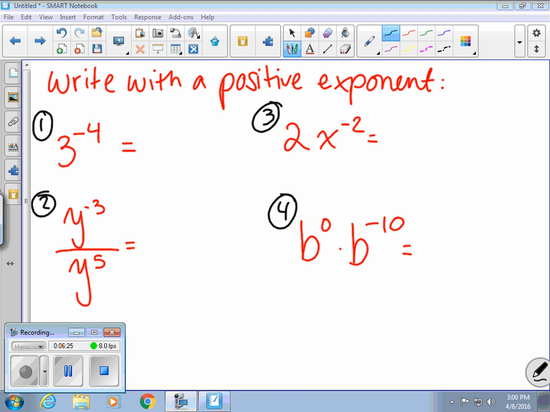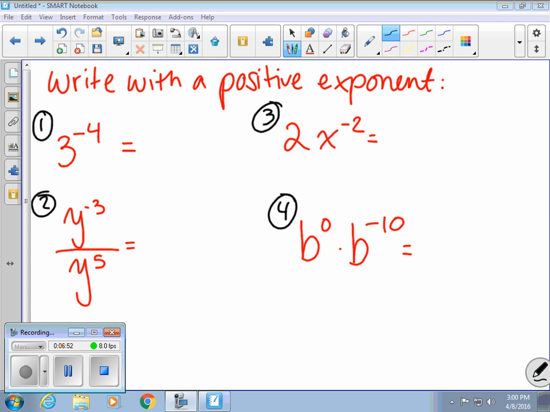All right, so the last thing that we're going to quickly take a look at is how we rewrite or use these zero and negative exponents within all of the different things that we've been doing. So if I'm asking you to write with a positive exponent, that means there cannot be any negatives in the end. So number 1, it says 3 to the negative 4th power. This one we simply need to rewrite.